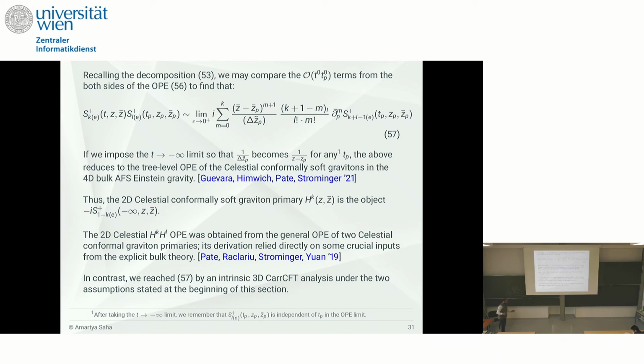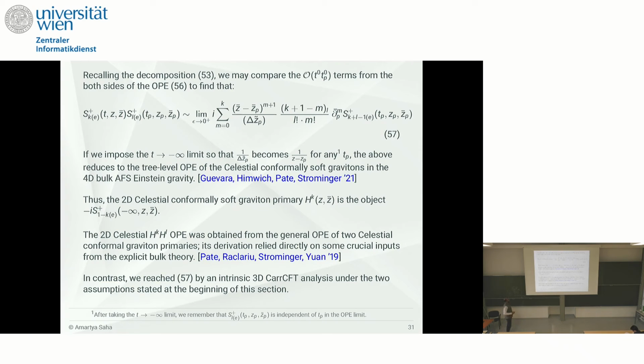So at least they needed to fix the pole structure that came from the collinear singularity limit, and that gave them the 1 by z1 minus z2 structure. So that's why I said that the derivation relied at least on some inputs from the explicit bulk theory, but we didn't need any hint from the bulk theory.